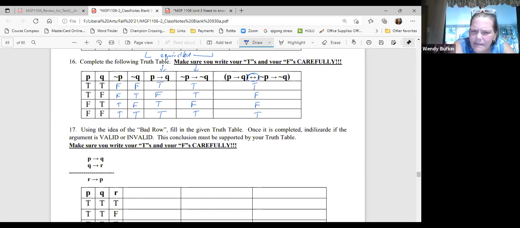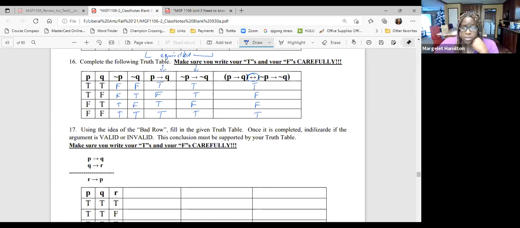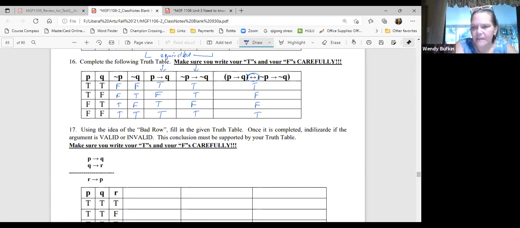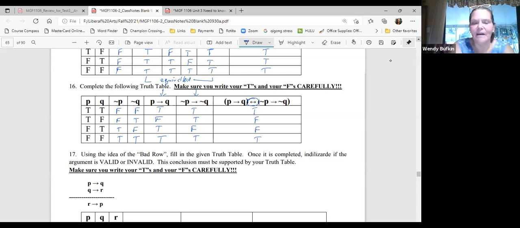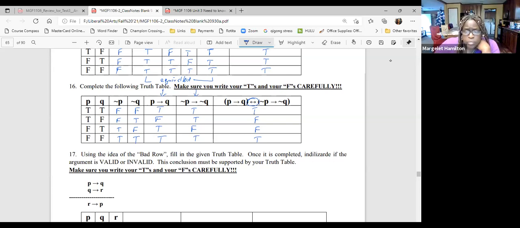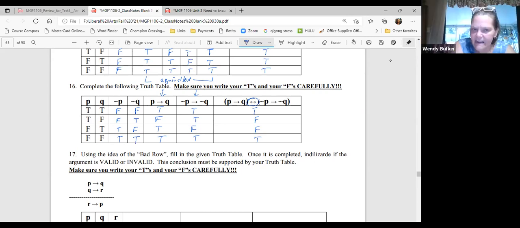Can I stop you right there? Sure. I just have a quick question. I'm not making the connection between the truth tables and what we were doing earlier. So you've got the P and the Q, and then you're negating, and then you're using two if-then statements.